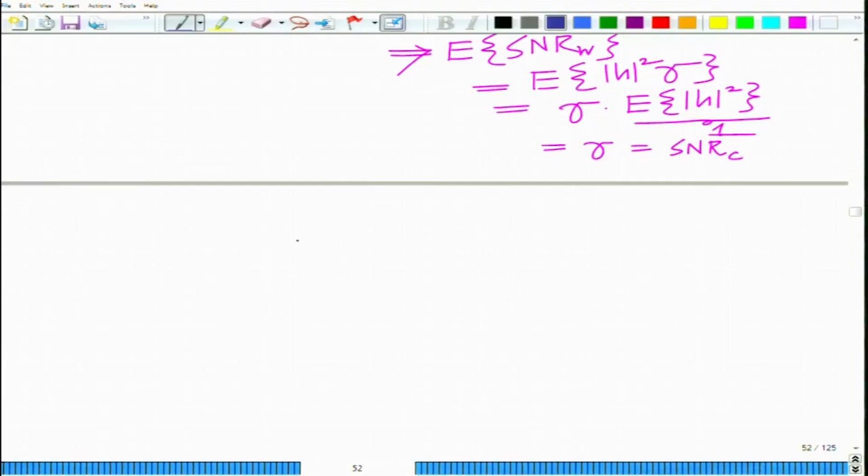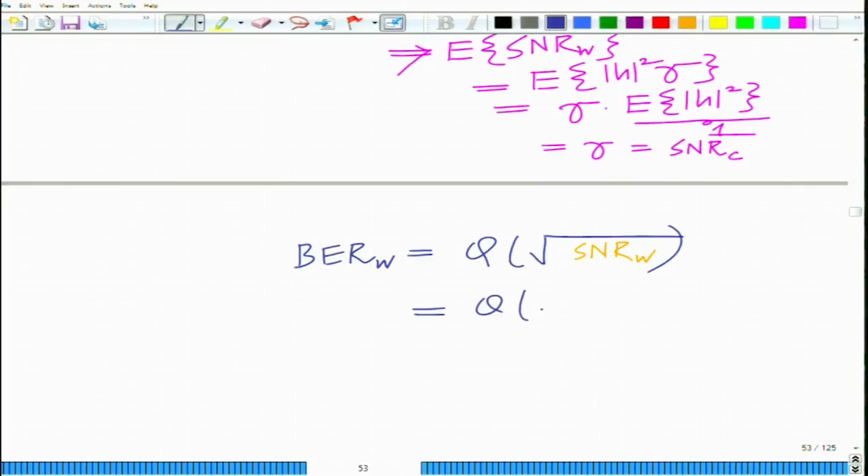Now, if you look at the probability of bit error for a wireless communication system, the bit error rate for the wireless communication system will be Q of square root of the SNR for the wireless communication system, we have already seen that, which is nothing but Q of square root of magnitude H square times gamma.